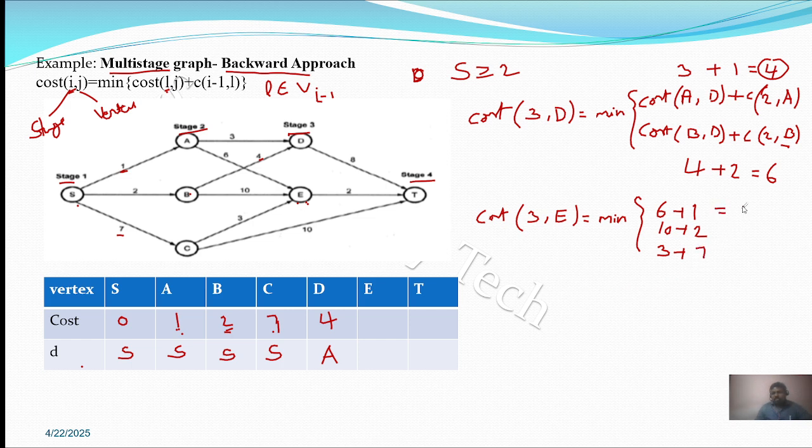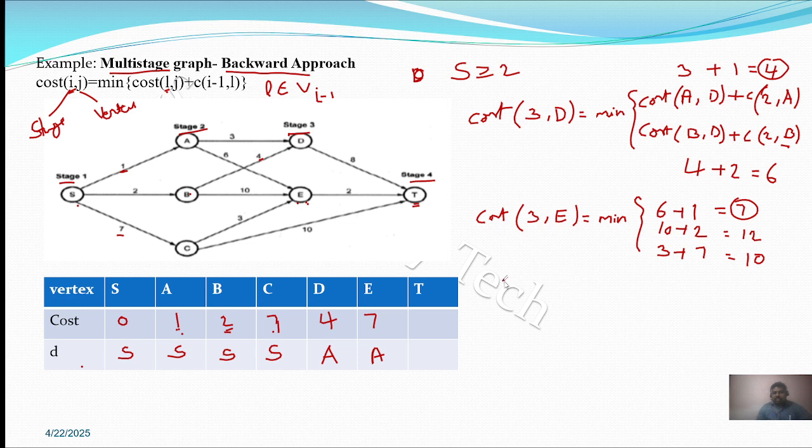So that is 7, 12 and 10. Which is the minimum? 7 is the minimum. So note down 7 from which vertex: from vertex A, A to E.